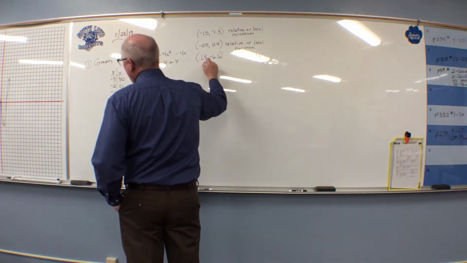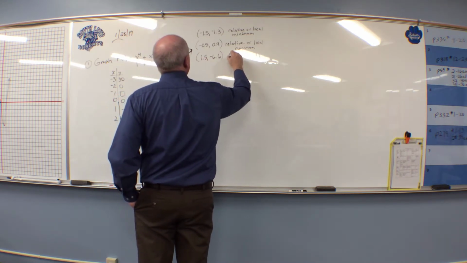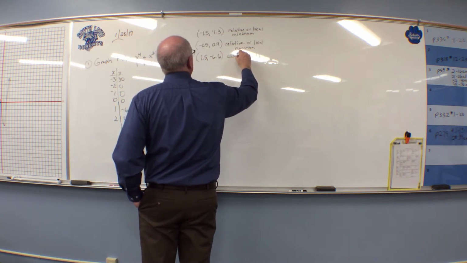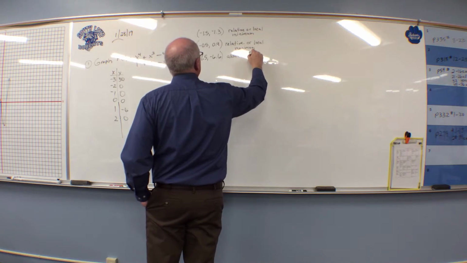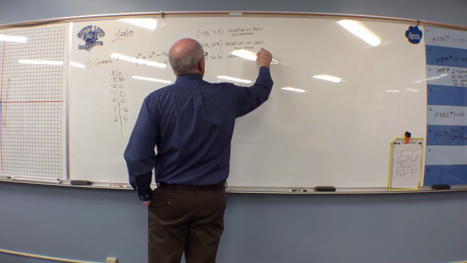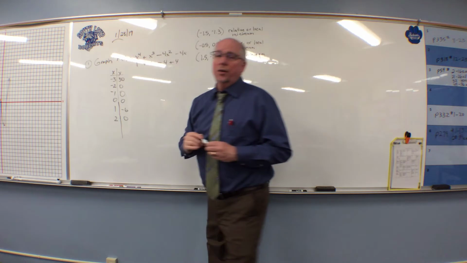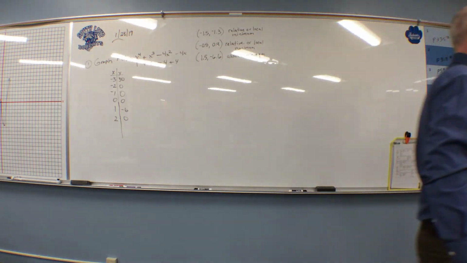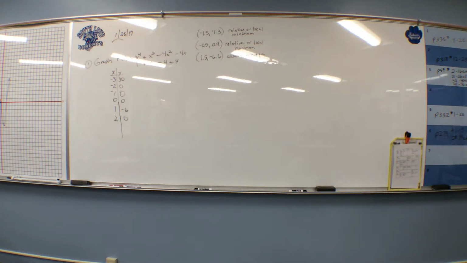But this guy right here happens to be the absolute minimum, which means that it is the lowest point of the graph, bar none. Now, is it possible to have an absolute maximum? Yes, it is.